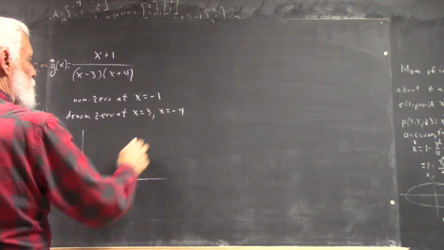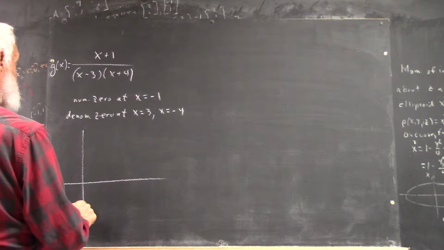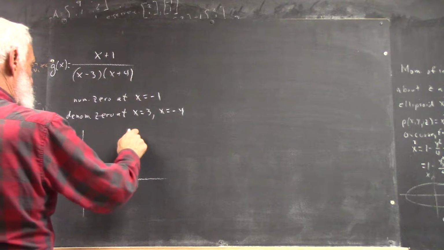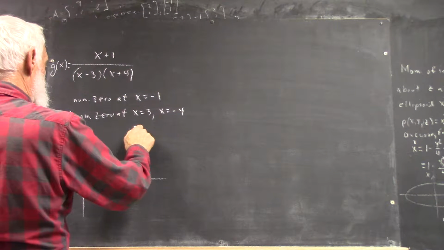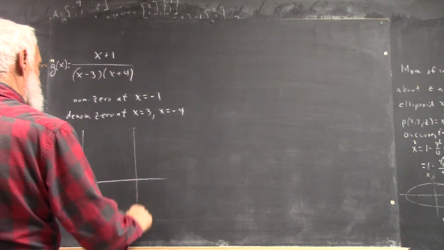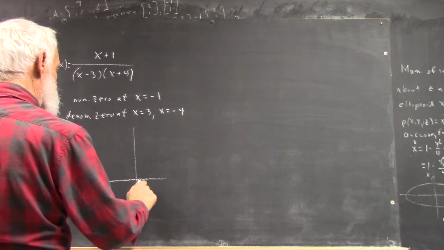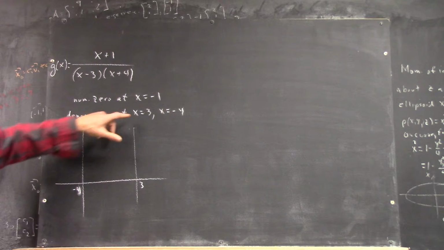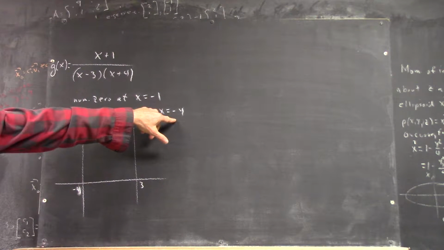Well, when the denominator is 0, that's -4. We have an asymptote when the numerator is 0. When the denominator is 0, we have an asymptote. We have two of them, right?